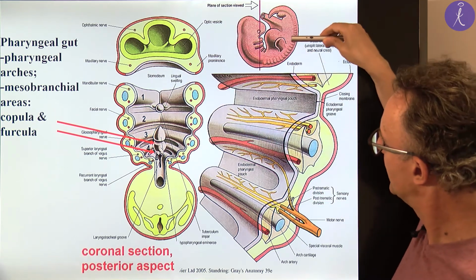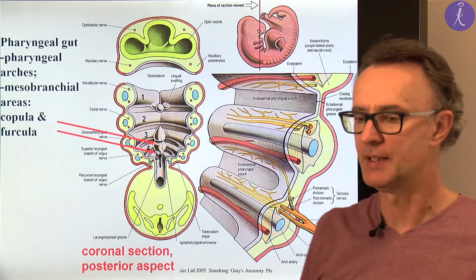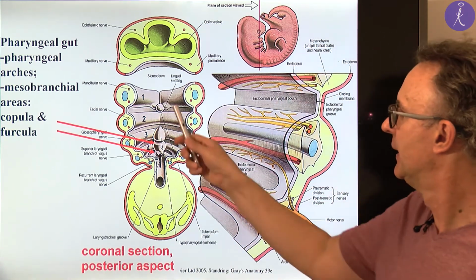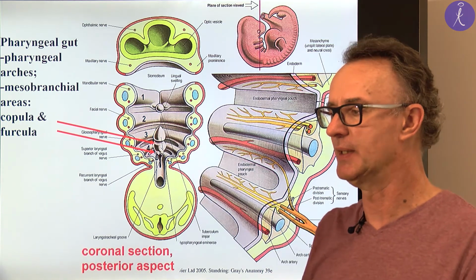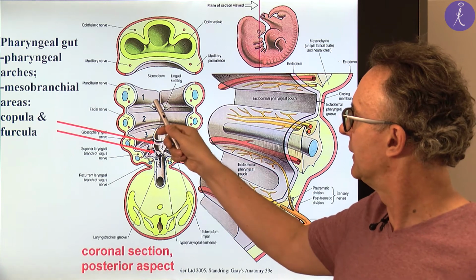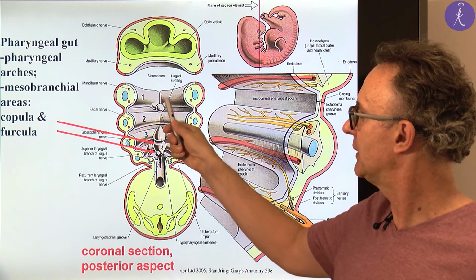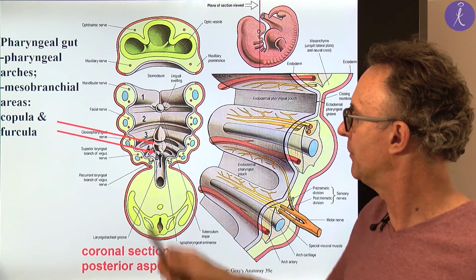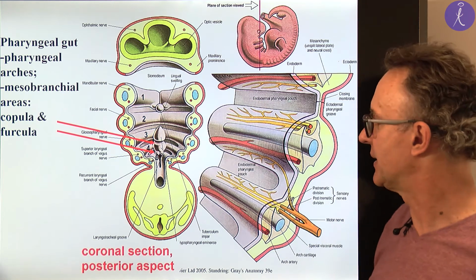So from this view, we see in the midline some mesenchymal swellings anteriorly, which correspond to the first pharyngeal arch. We have two little tubercles. These are the lateral lingual swellings, and between them, behind, we have the tuberculum impar, which means only a single one.